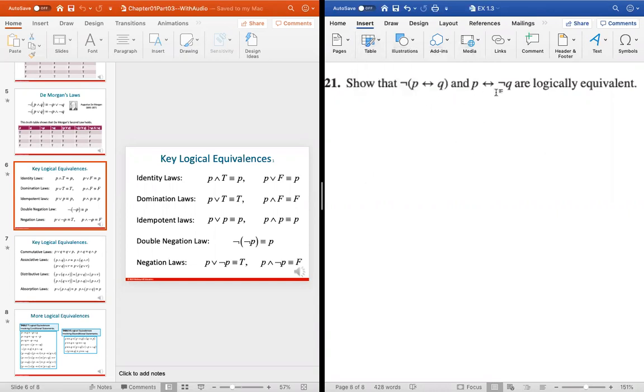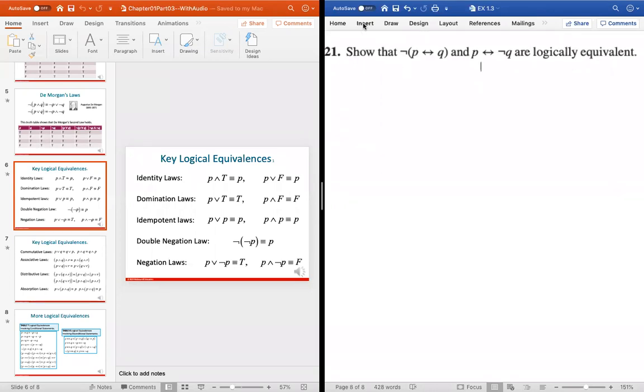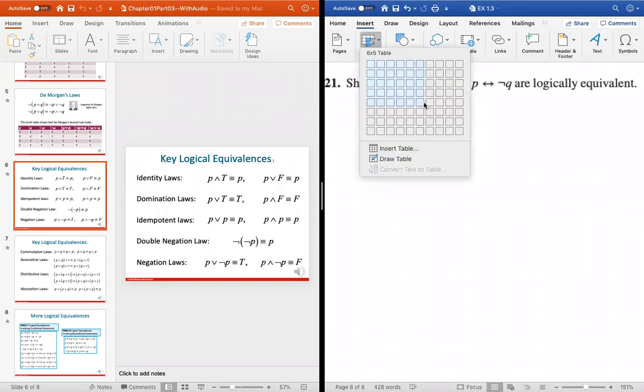Here we have 2 variables, so we won't be needing many rows.